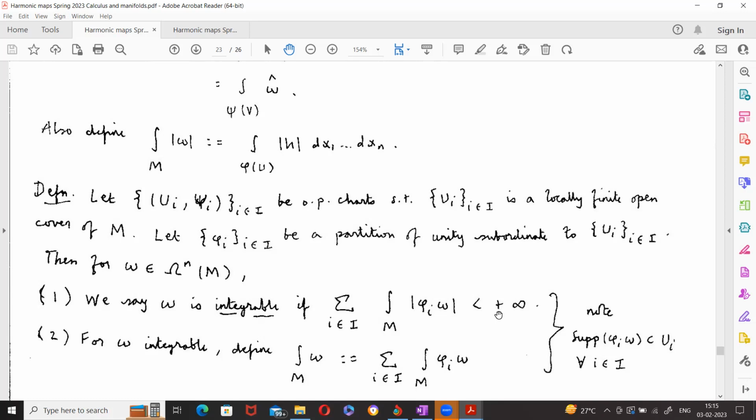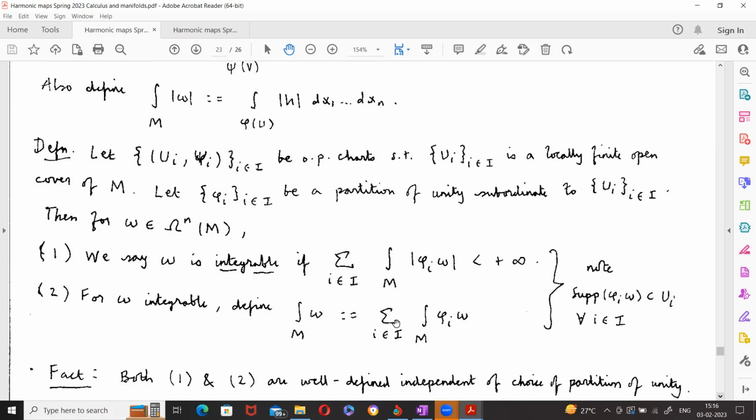Notice that phi i omega will have support contained inside ui, which is an orientation preserving chart. So this integral of mod phi i omega over M is well defined. So we'll say that omega is integrable if the sum over i of these integrals is finite.